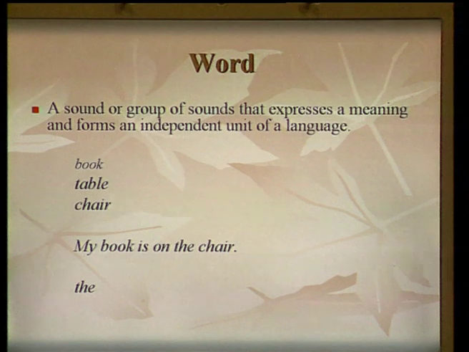Similarly, in the same sentence we have the word the. What is the meaning of this word? We know that it is a word, but it is difficult for us to give a precise meaning to it. We may then conclude this discussion on word by saying that a word is a group of sounds.